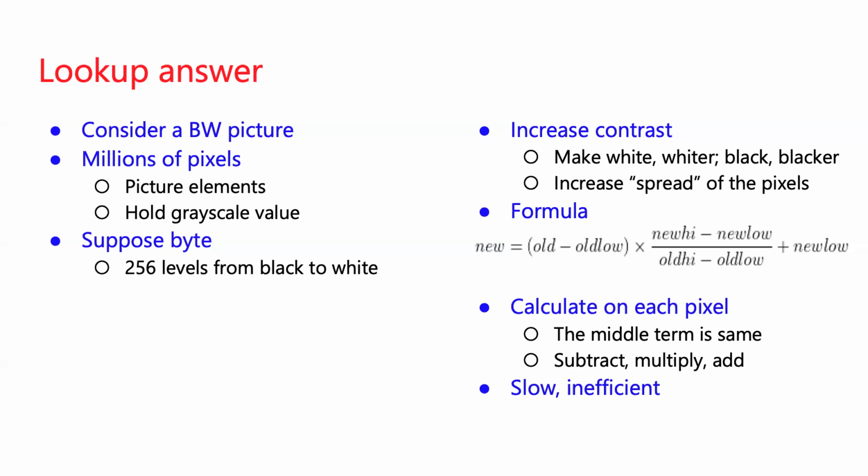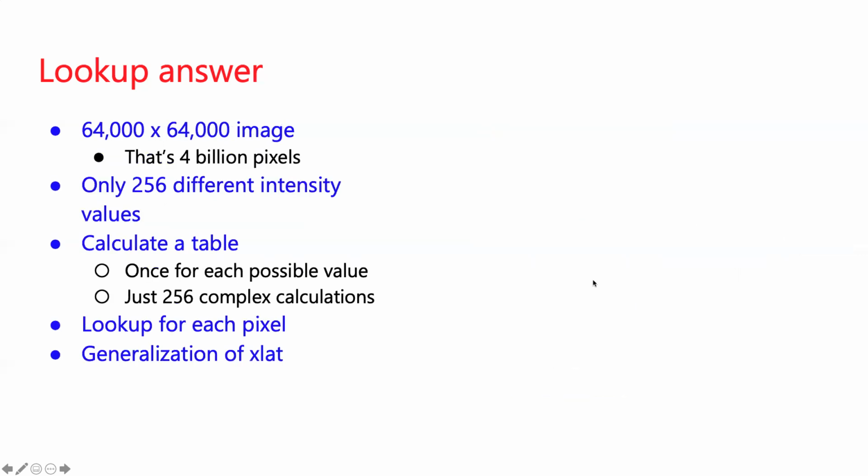image. But if you had to do this for every pixel in an image, that could be expensive, especially if you had a giant image. This is probably unrealistic for images that you and I might normally use, but if you had a 64,000 by 64,000 image, that's 4 billion pixels that you would have to do this computation on, which could take a while.